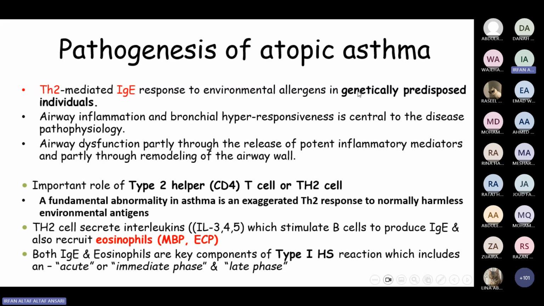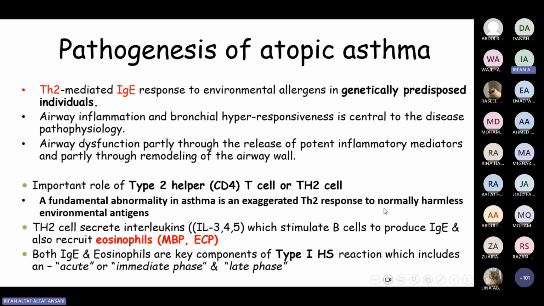So this is the basic mechanism. In a genetically predisposed individual, when exposed to environmental allergens, there is an IgE-mediated response through T helper type 2 cells. The role of T helper type 2 cells is a fundamental abnormality seen in atopic asthma, and it is usually exaggerated to normally harmless environmental agents.